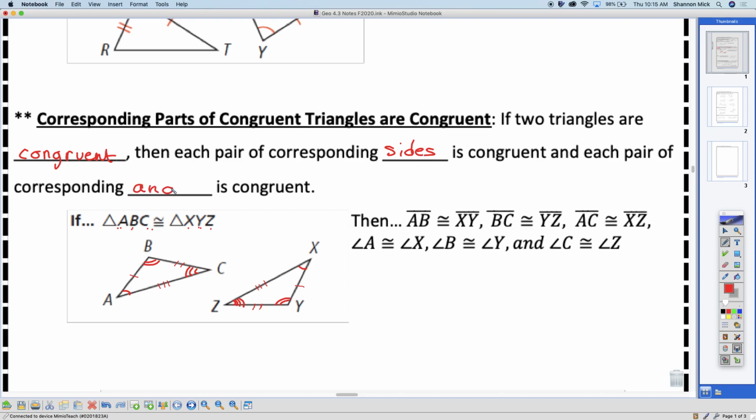Could I put angles and then sides? Yes. I don't care which one.